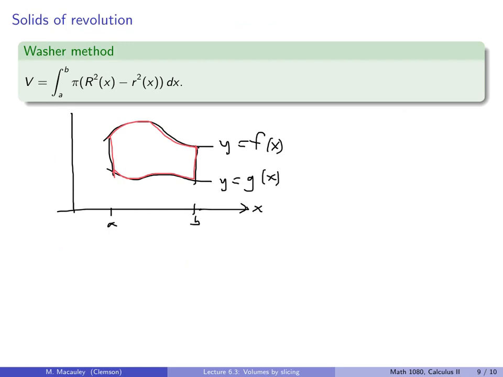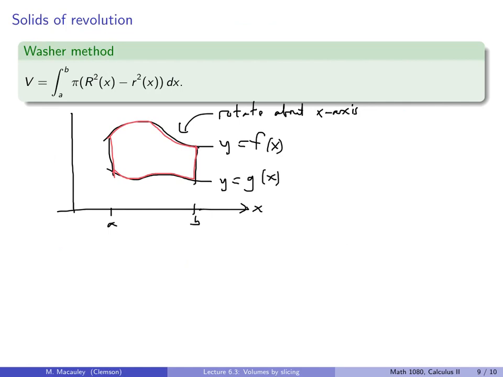Now, if we do that, the cross section. So let's write this down. Let's rotate about the x-axis. Now, if we do this, it's a solid of revolution. Of course, you don't need a new method to do this.